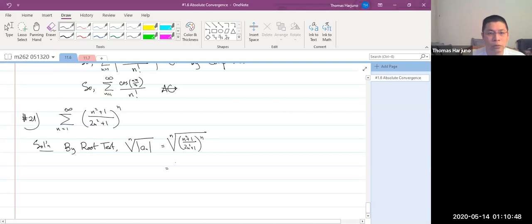That's equal to n squared plus 1 over 2n squared plus 1, and this converges to one-half. Don't use the equal sign here.